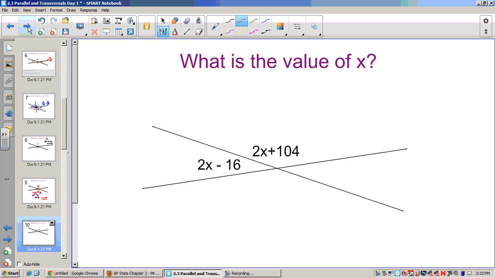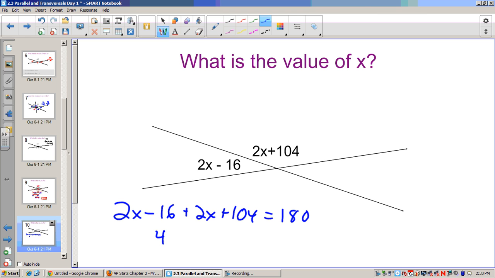Now in this situation, these two angles are not congruent. However, they are a linear pair, so they're supplementary. So 2x minus 16 plus 2x plus 104 is going to equal 180 degrees. Now if I simplify this left side, 2x plus 2x is 4x. 104 minus 16 is going to be, I think it's 88.